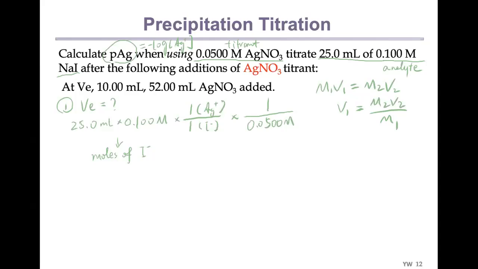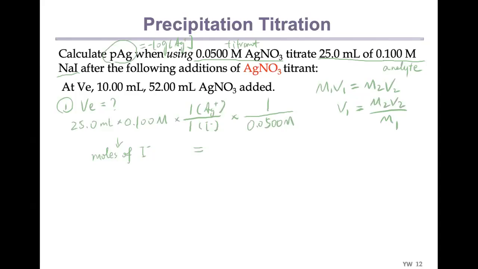So after doing this, what is the volume we got here? Thank you for putting the answer in the chat box. So what do we get here for VE? 50 ml.